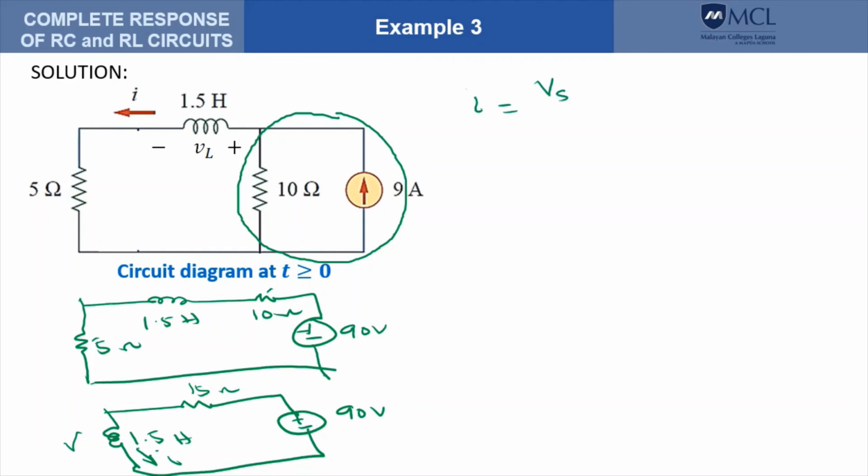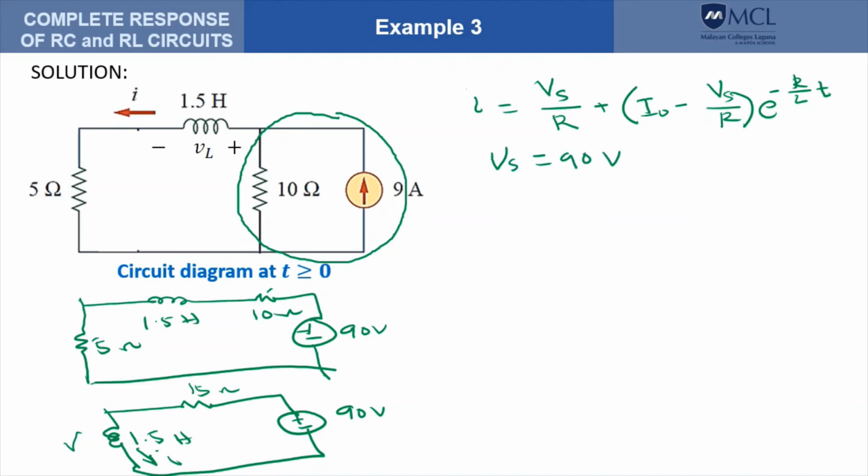Vs over R plus the initial current minus Vs over R, e to the minus R over L t. Okay, so Vs there should be 90 volts.